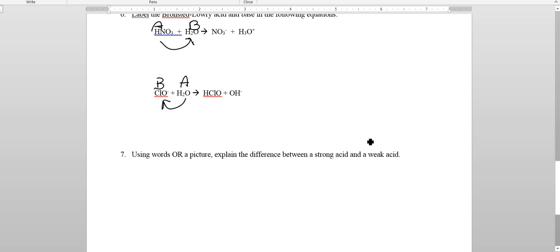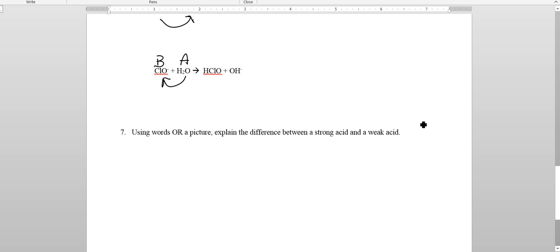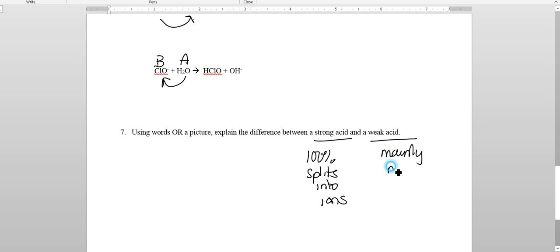And then last problem, number 7, we're looking at the difference between a strong acid and a weak acid. Strong acid, 100% splits into ions. And then the weak acid mainly stays as a molecule. So for example, HCl is a strong acid, HF is a weak acid.